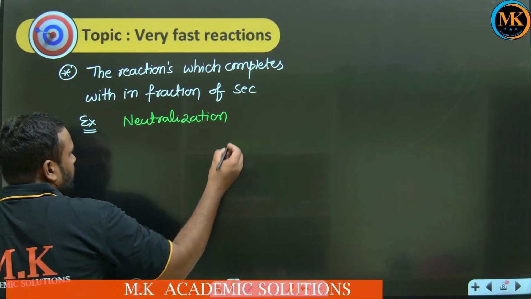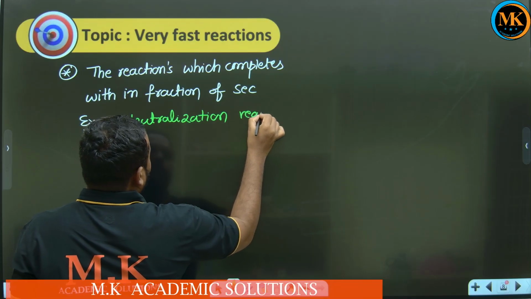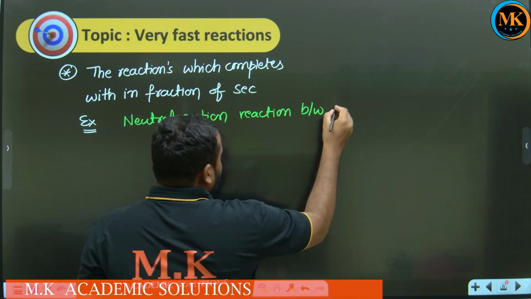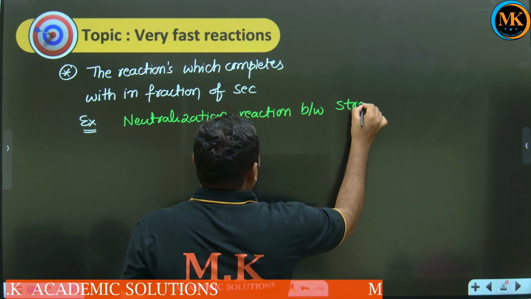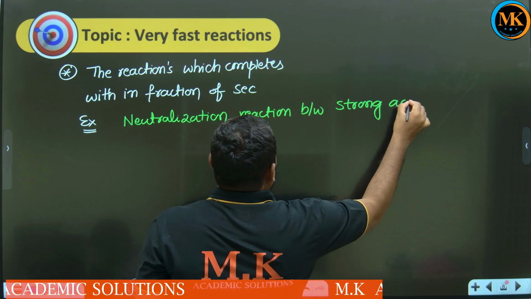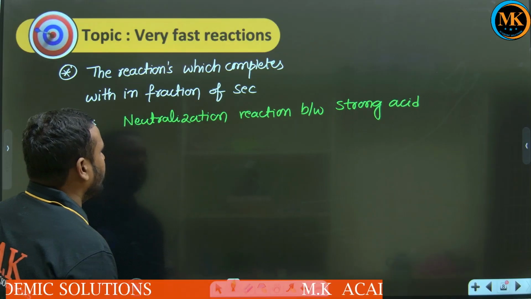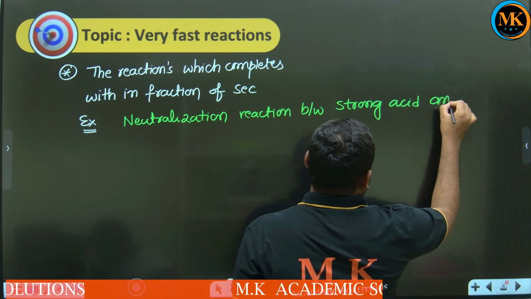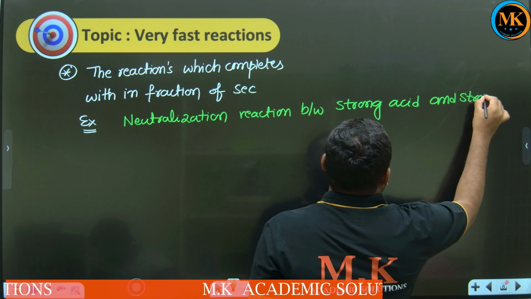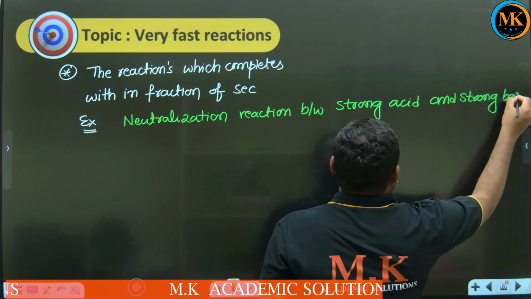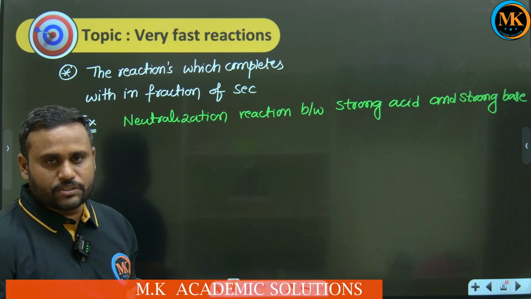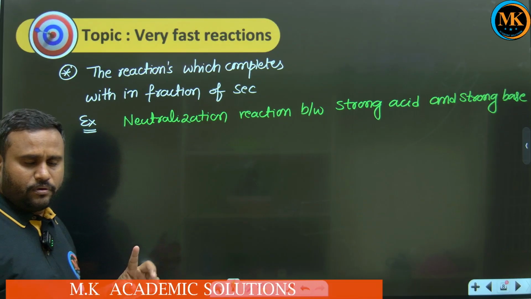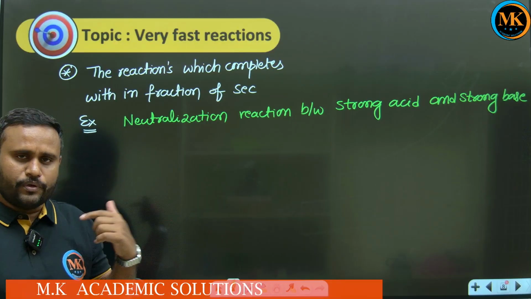So neutralization reaction between strong acid and strong base are very fast reactions. We know it is a reaction between the acid and base to produce salt and water.